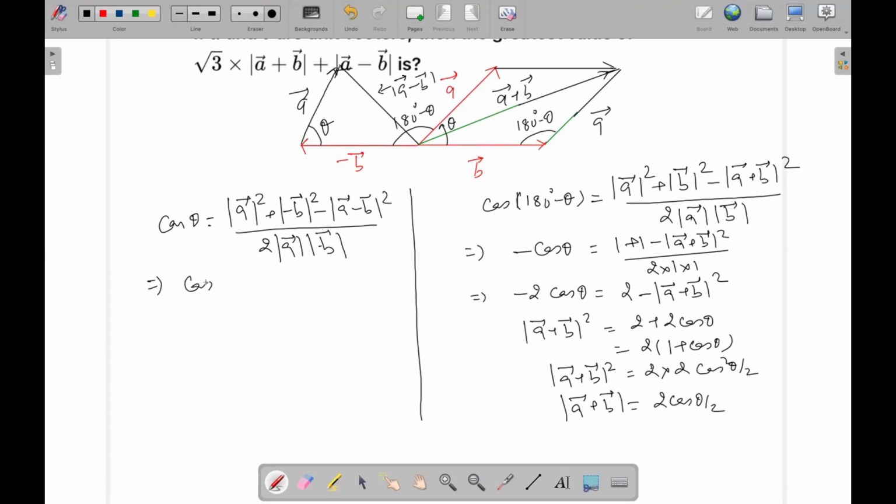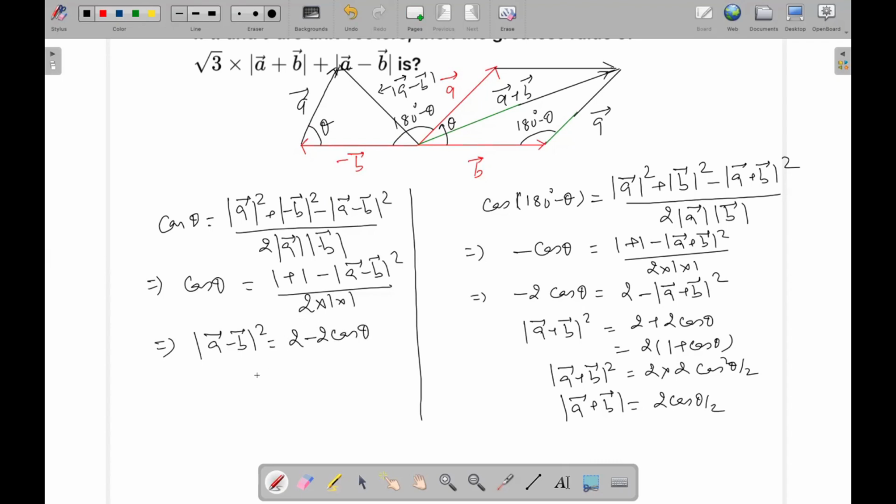This is cos theta, this will be 1 plus 1 minus magnitude of a minus b whole squared upon 2 times 1 into 1. And from here what I get is magnitude of a minus b whole squared is actually 2 minus 2 cos theta.